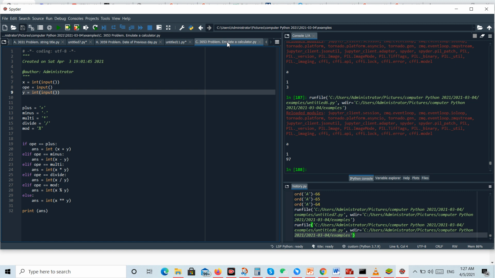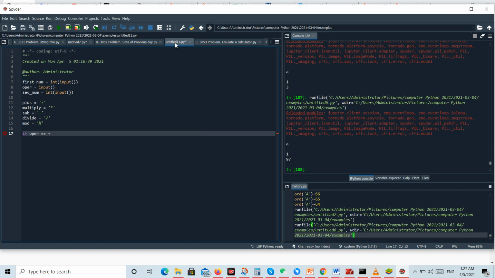Sorry, we have defined the variable already, so plus equals to plus. Remember, we're using double equal to because double equal to is used for comparison. One equal to would give an error because you're just trying to tell it that oper should be equal to plus, and it doesn't make sense. So we're using the double equal to because it's a comparison statement.